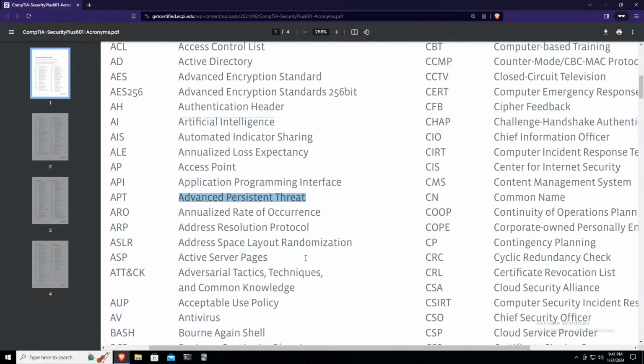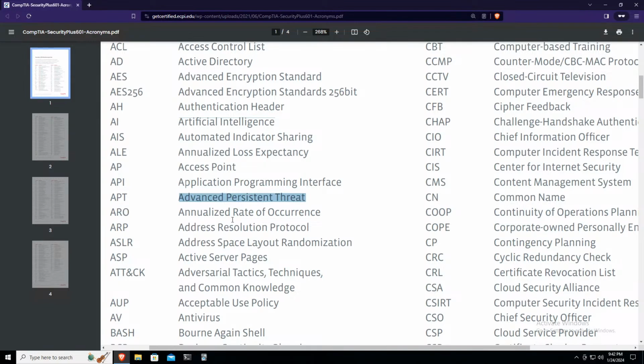They're looming threats. Hard to detect, but that's why you have security engineers that actively look for stuff like that.